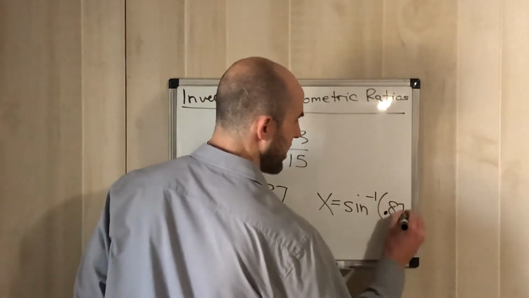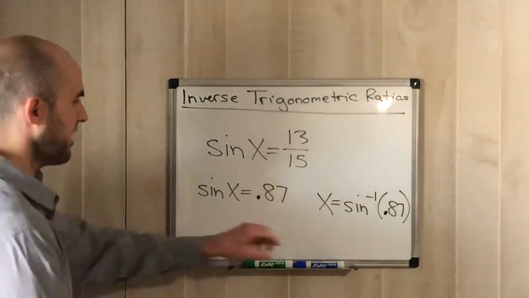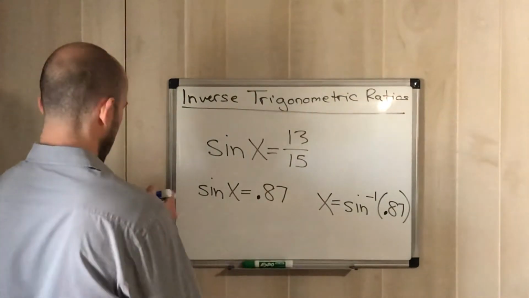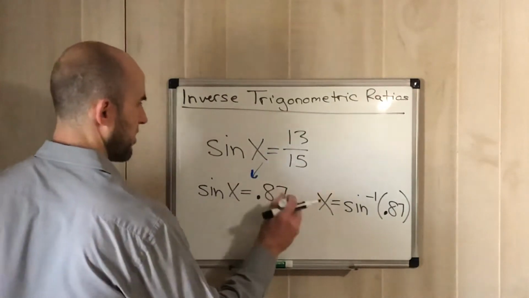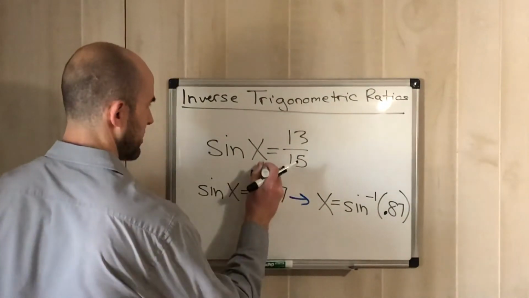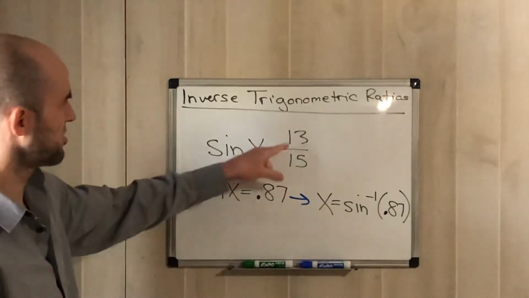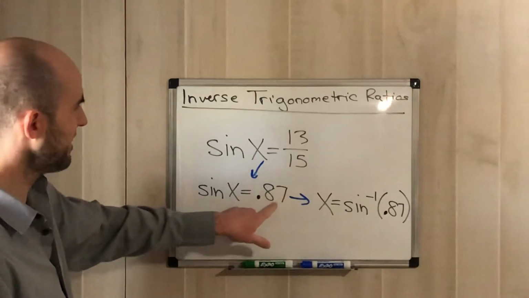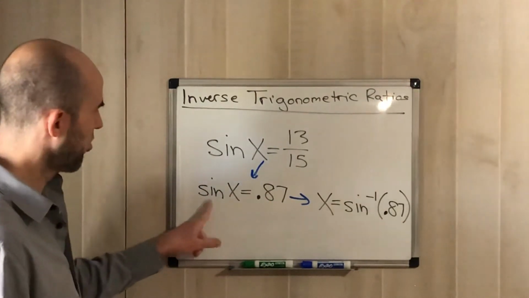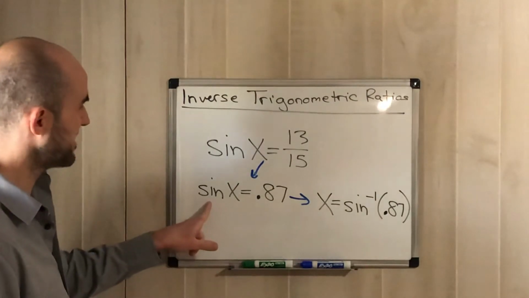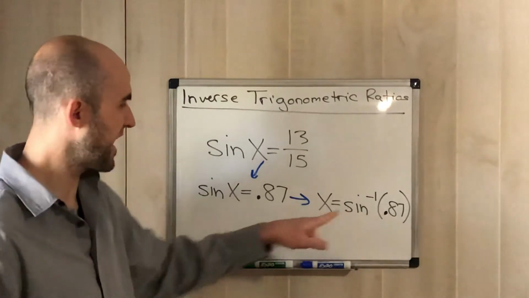So now when you get this, again, all we did, 13 divided by 15 gave us 0.87, right? And then from here, we went there. Just following the pattern, guys, just to show you. So we had sine of x equals 13 over 15. We divided it, gave us 0.87. And then to solve the equation, sine of x, we wanted to get rid of sine. Opposite of sine is sine inverse. So all we do, take the sine inverse of 0.87.